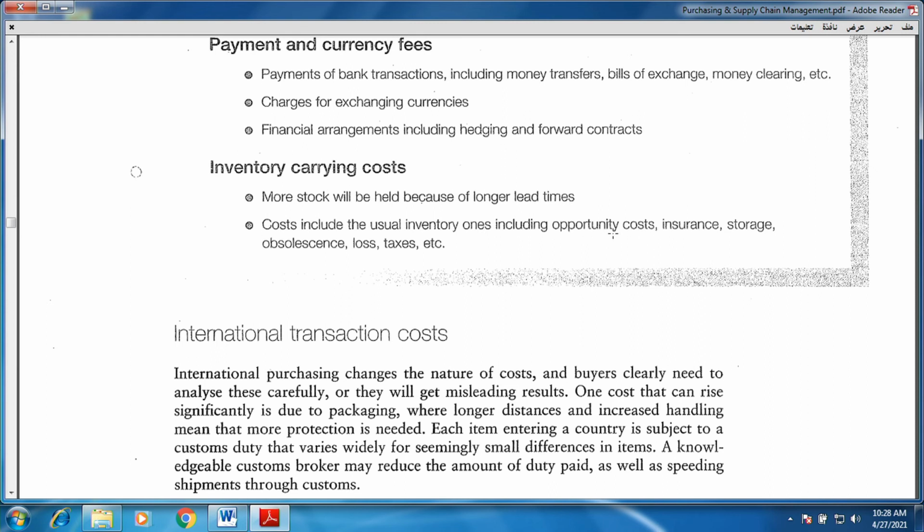So we have opportunity cost, which is an added cost, the insurance for the warehouse, the storage cost, some loss, taxes, obsolescence, we have people, we have a cooling system, we have an information system, we have the emergency system. We have multiple systems here. They cost us money because we want to keep our eyes open to make sure the inventory is safe and clear.